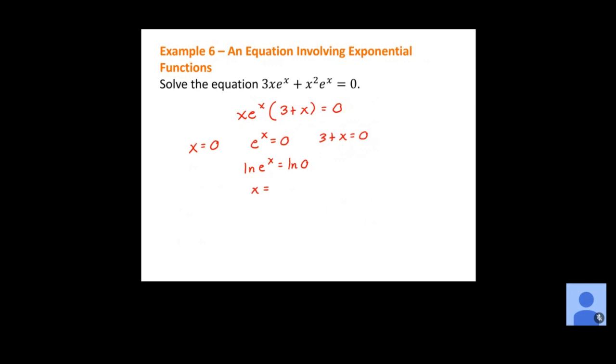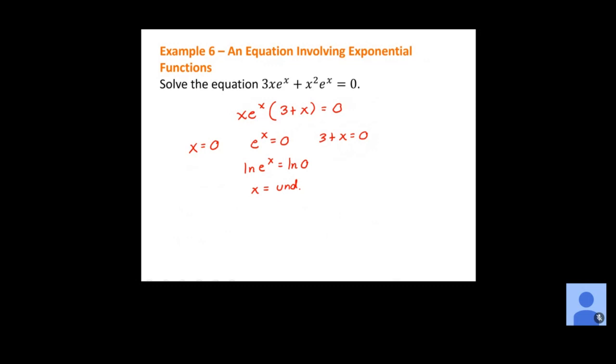What's the natural log of 0 going to give us? Undefined, right? Okay, because remember again, a natural log has to have a positive value on the inside because there's actually an asymptote at 0, right? So 0 itself is undefined, so we don't get any solution from that piece right there.